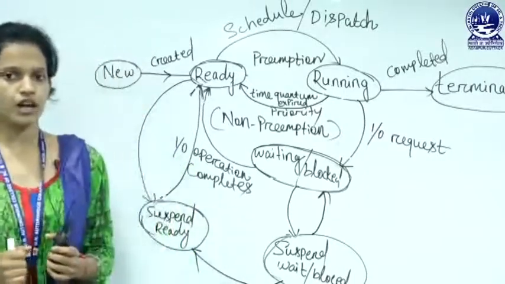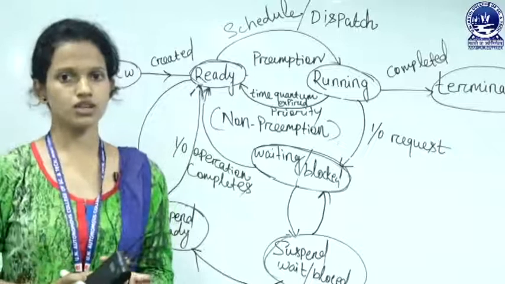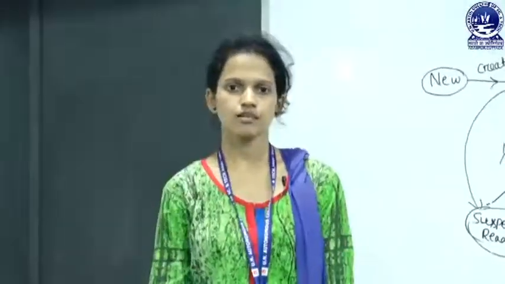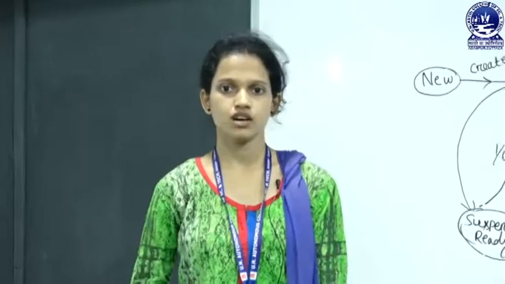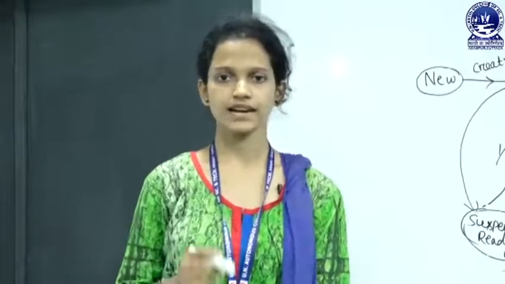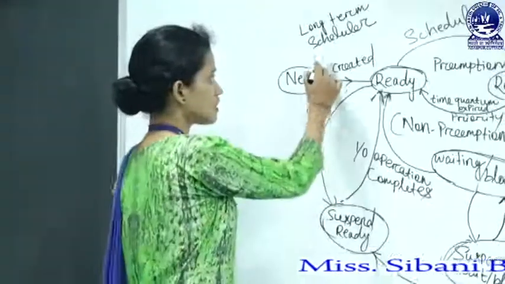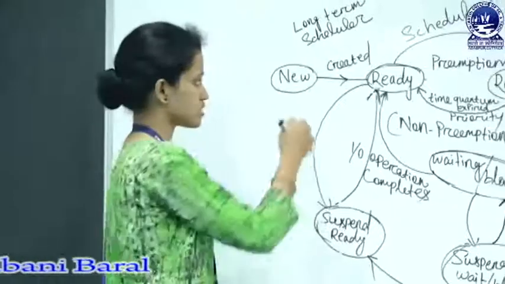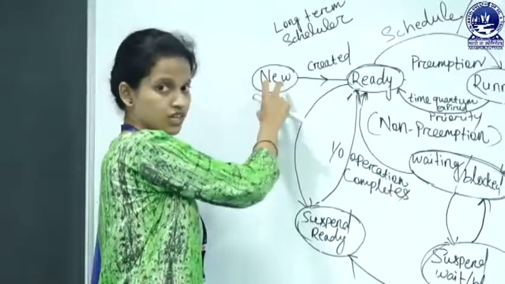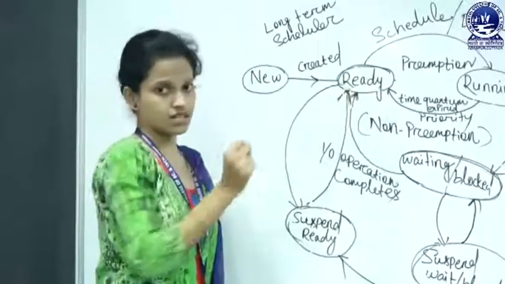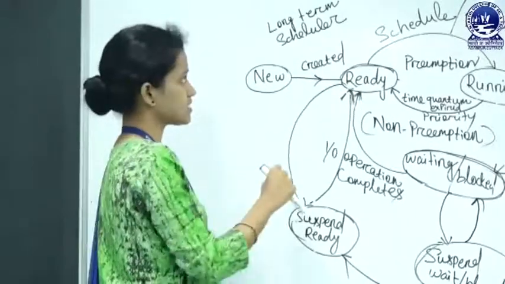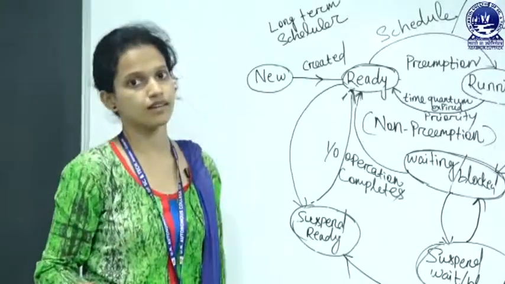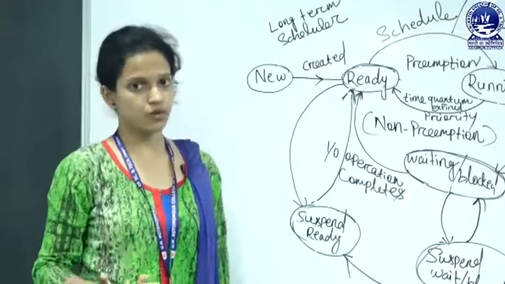So now I am going to discuss with you the types of scheduler. There are mainly three types of scheduler: short term, long term and medium term scheduler. The long term scheduler decides how many processes are picked from the new state to the ready state. It also decides the degree of multiprogramming. So what is the degree of multiprogramming?